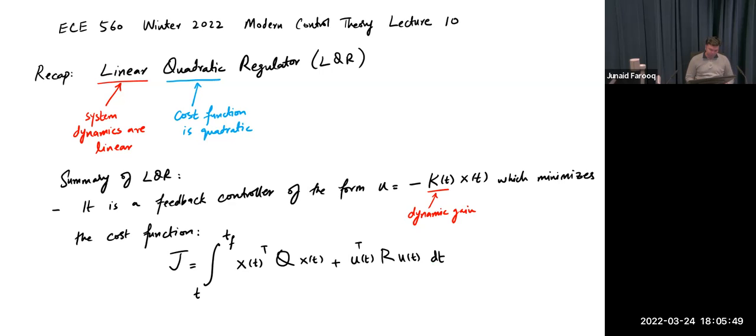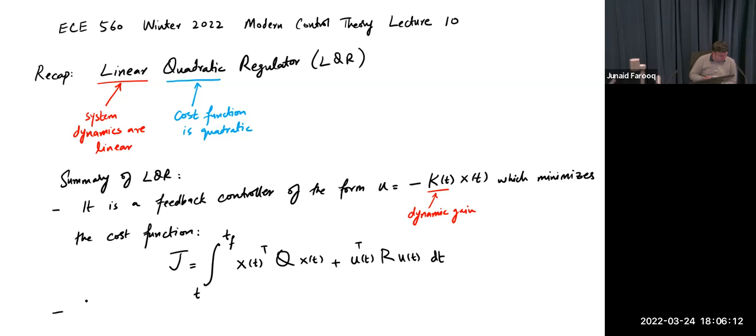So that's the cost function, and we want to make sure that our u, which is of the form minus K times x, minimizes this cost function. So the eventual goal is to find a gain vector K that minimizes the cost function.